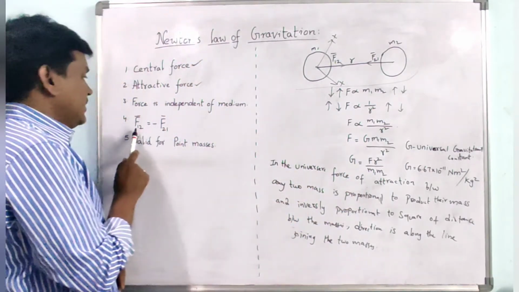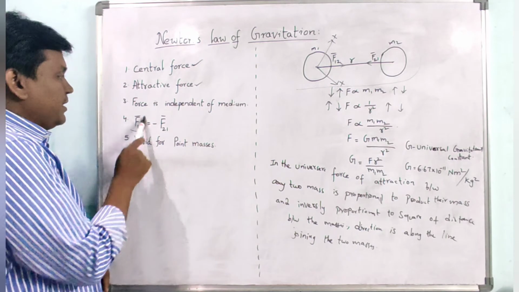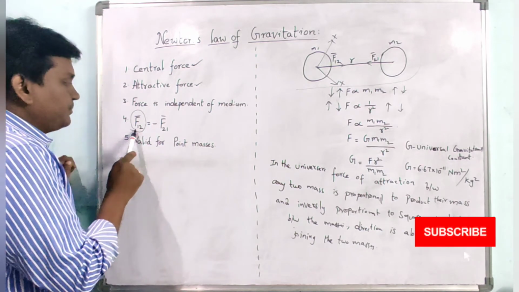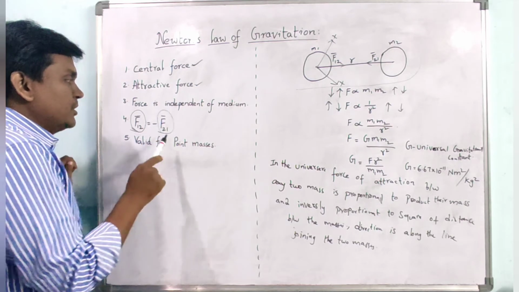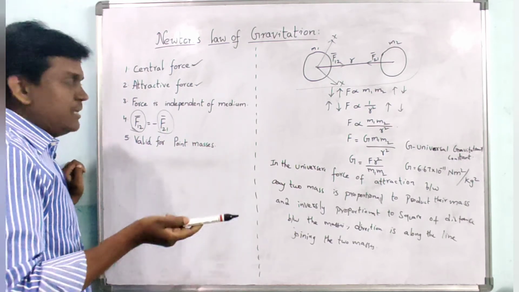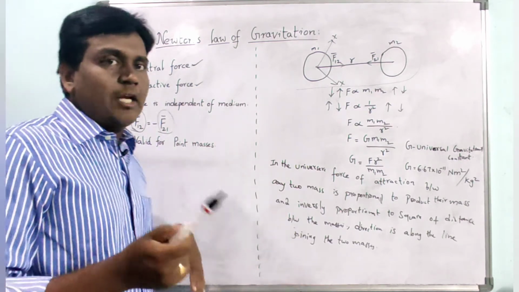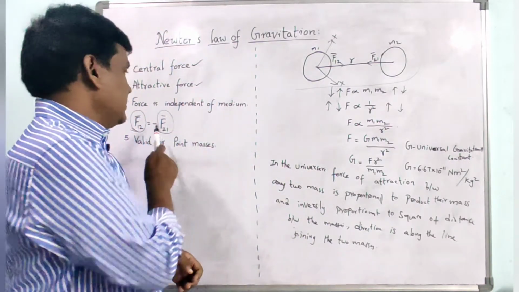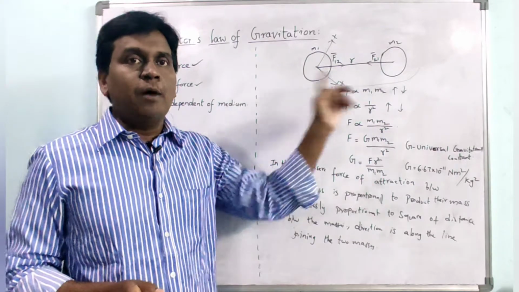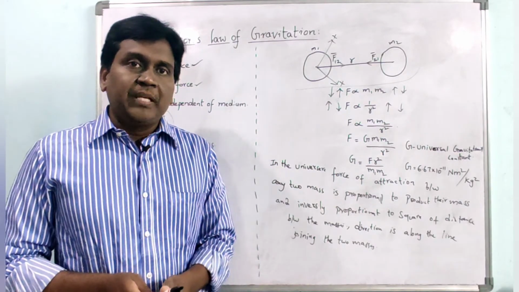Next, the force on the second mass due to the first mass will be equal to the force acting on the first mass. That means both apply equal and opposite forces on each other. The minus sign means both forces are in opposite directions.